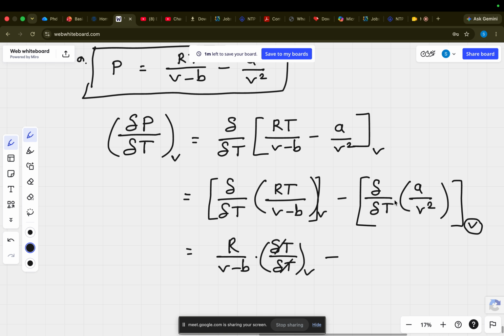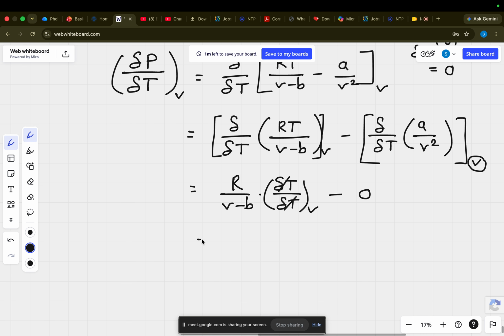A by V square is a constant value. Suppose you are doing del x of 5, the differentiation is 0. Same here: if volume is not changing, if it is constant, the differentiation of any constant will always give 0.